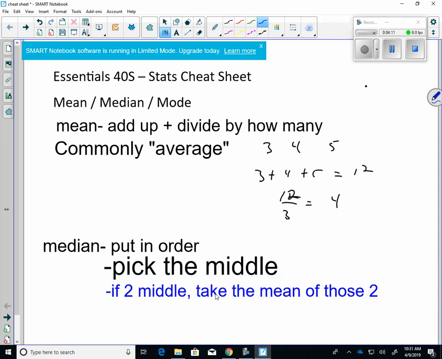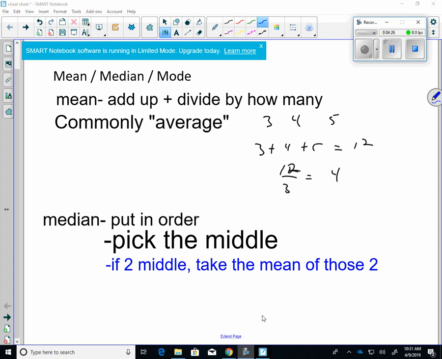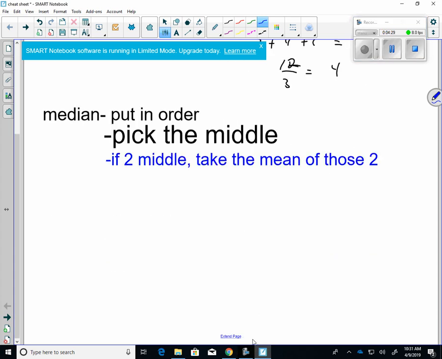Anything else for median, Mrs. P? Don't think so. It's pretty straightforward. You add up the 2 middle ones and divide by 2. If you want an example, I'll put them in order so that it's easy. 2, 4, 6, 8.